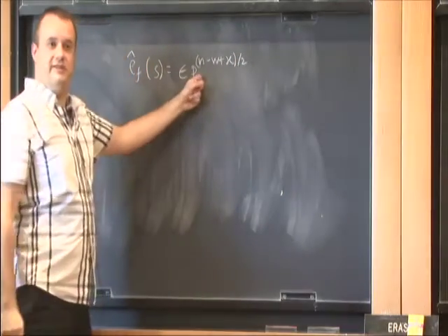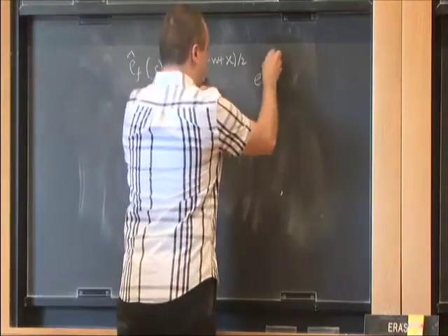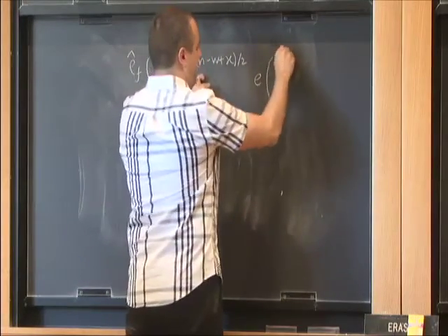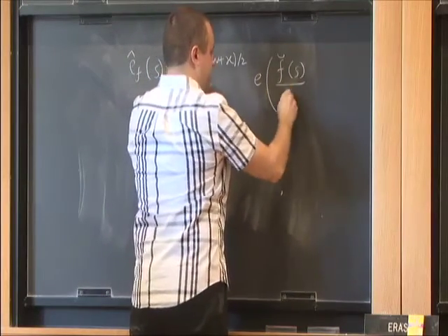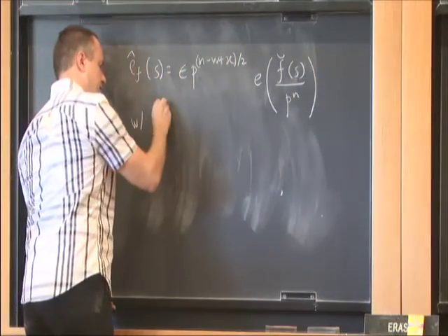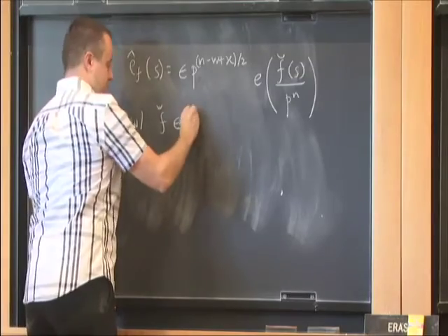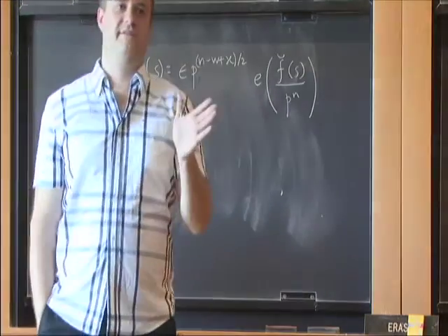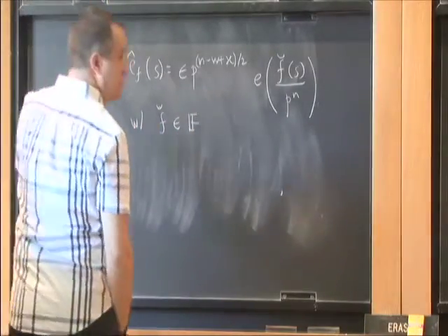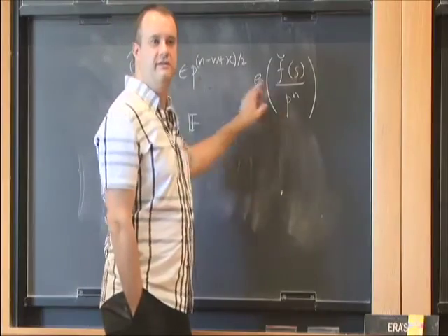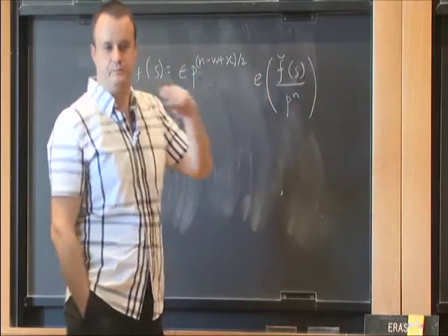This is the modulus of that sum, times a single complex exponential of a function that I'm going to call f brevi of s over p to n, with some function f brevi that's also in my class f. So this is a wonderful compact evaluation that tells you that you can take that complete exponential sum, and you can exactly tell how large it is and what is its argument.